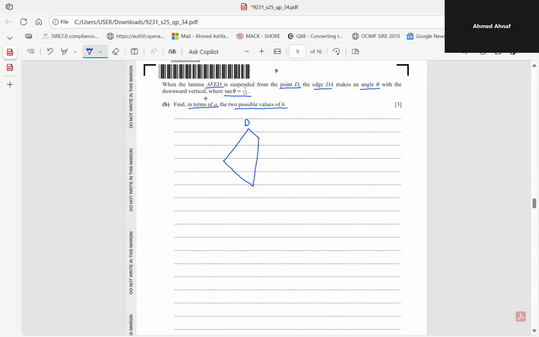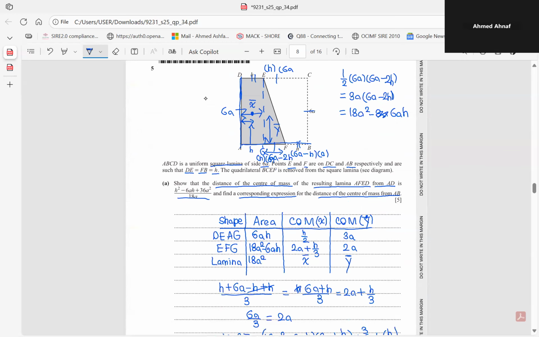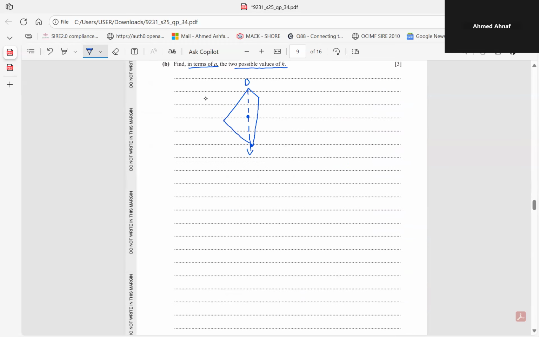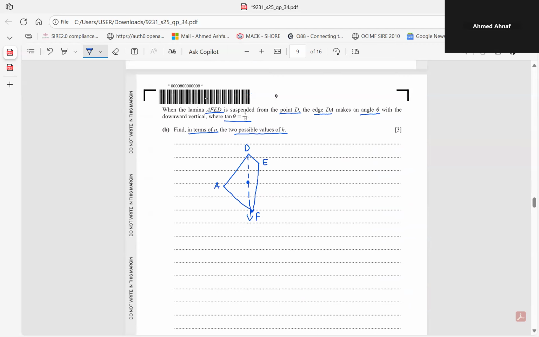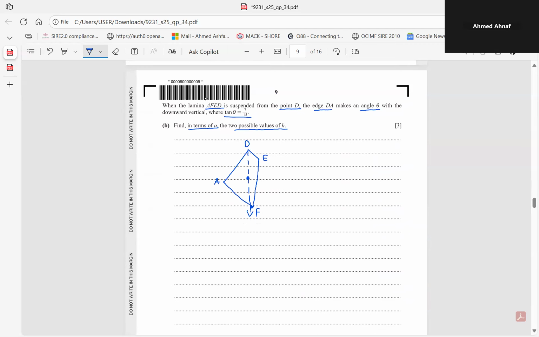When it's suspended, the line of action of the weight must pass through this edge and the center of mass. So DEAF. DA makes an angle theta with the downward vertical. So this is theta, where tangent theta is 7 over 15.